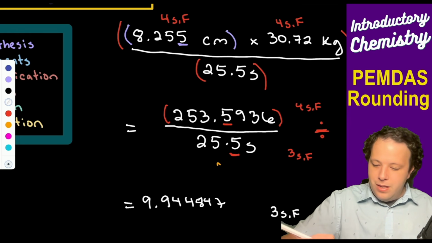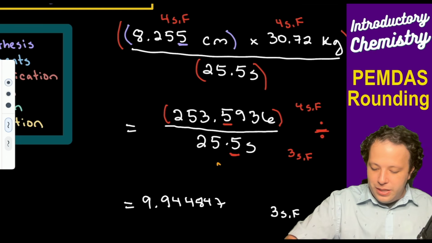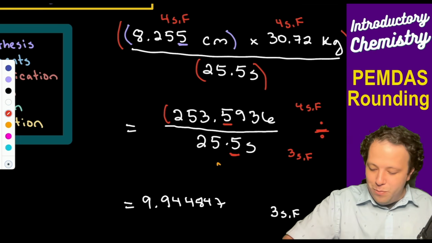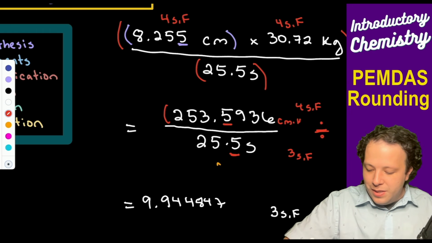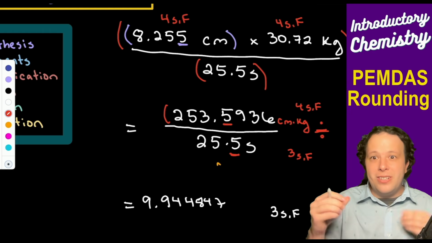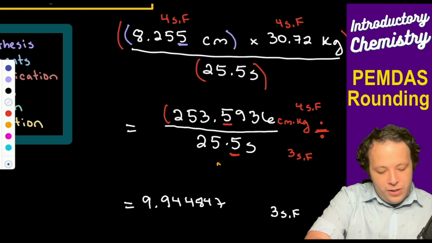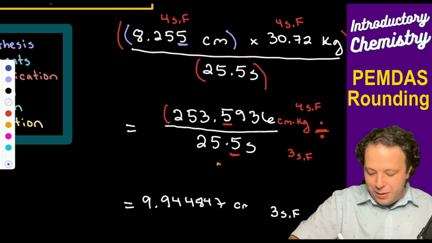We have 9.44847. And when we are doing that, we should also be keeping our units in here, which I realized mine kind of disappeared. On the step before, centimeters and kilograms multiplied together, so they stayed. And then we also have seconds. So this is going to be centimeters, kilograms, all over seconds.